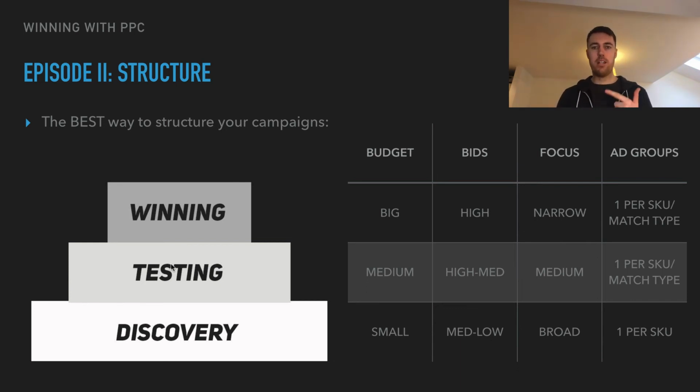And once you can go into your reports, which we'll look at in the next episode when we look at optimization, once you can see that you're getting 5, 6, 7, 8 sales attributed to one certain keyword and one certain match type in your testing campaign, then you can place it into your winning campaign and really then scale the budget up on that keyword that you know is going to be profitable, that you know is going to give you a good return, and ultimately is going to make you a whole bunch of profit.